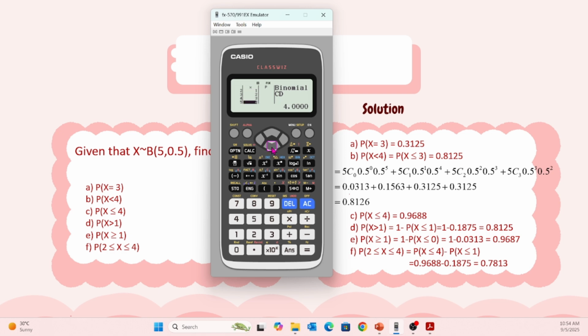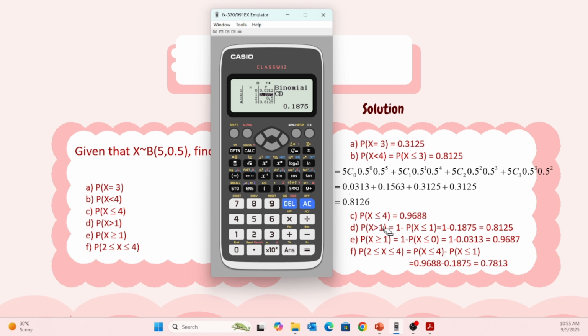N is 5, P is 0.5. This gives you the cumulative distribution function. Cumulative means you add up, the first one, capital F1, is 0.1875, so you add up x equals 0 and x equals 1 here. Probability of x less than or equal to 1 here.